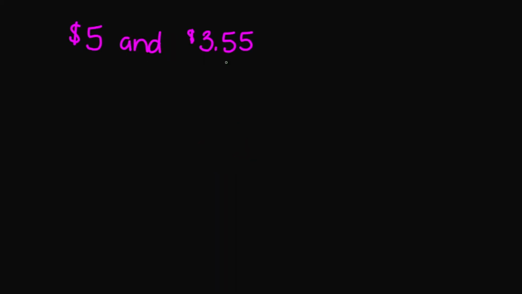Let's try this example here. So let's say we have to find the sum of $5 and $3.55. First, we're going to write 5 here, and then I'm going to write my $3.55. And before I add, I'm going to go ahead and fill in my decimal now and my imaginary zeros.